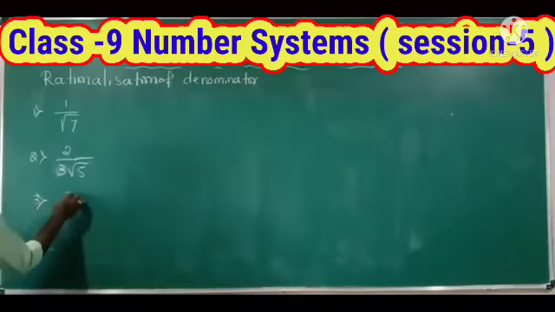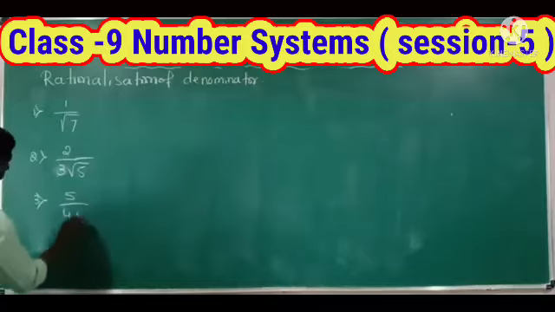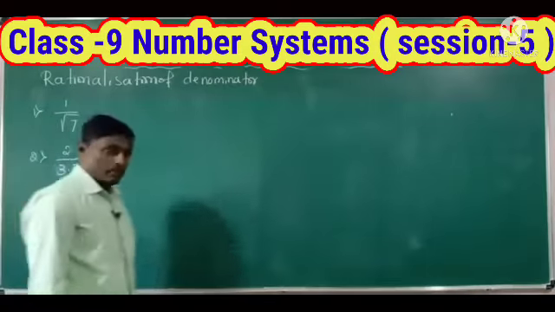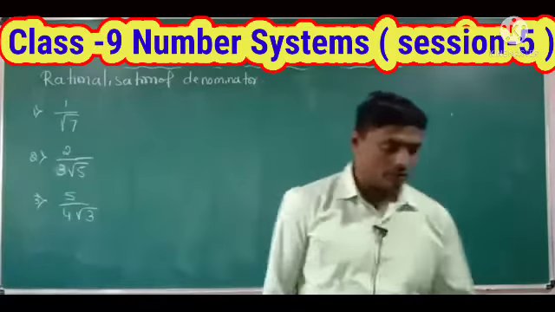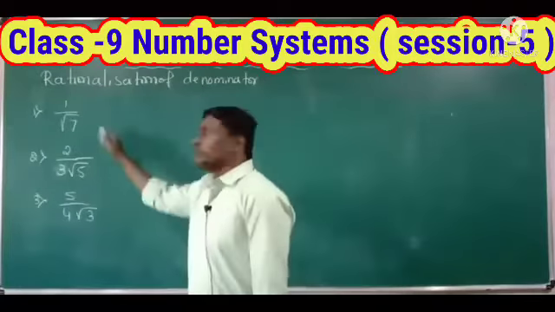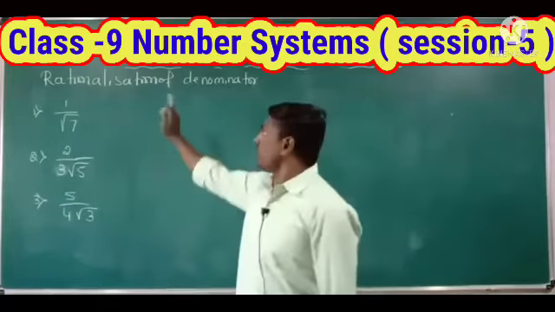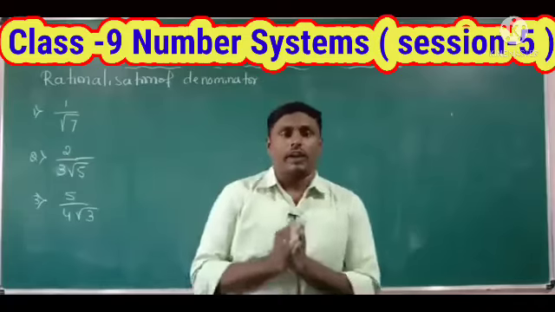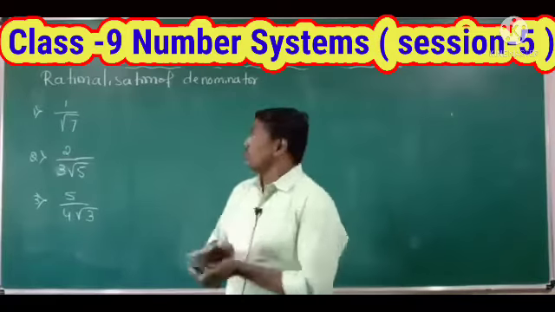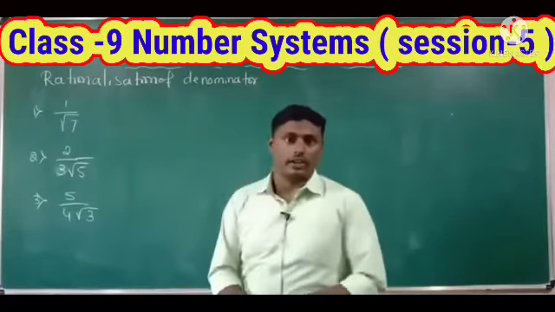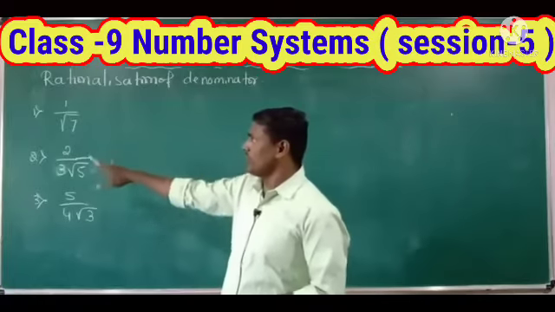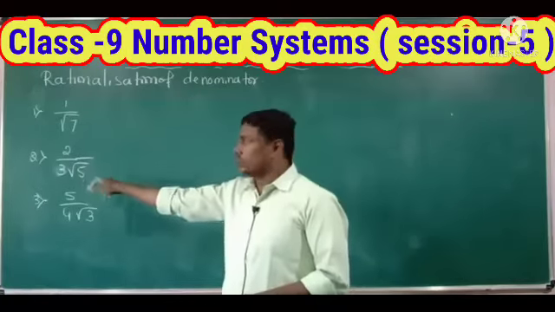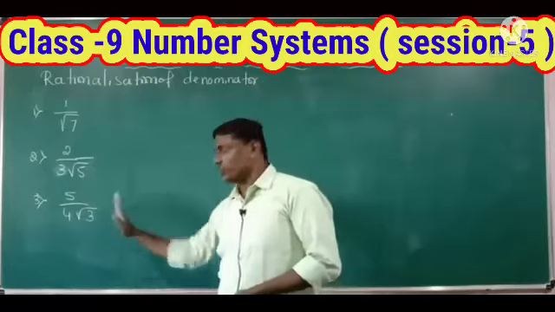Third one, 5 by 4 into root 3. Some simple problems are there. You need to rationalize their denominators. How can you rationalize them? 1 by root 7, 2 by 3 into root 5, 5 by 4 into root 3.